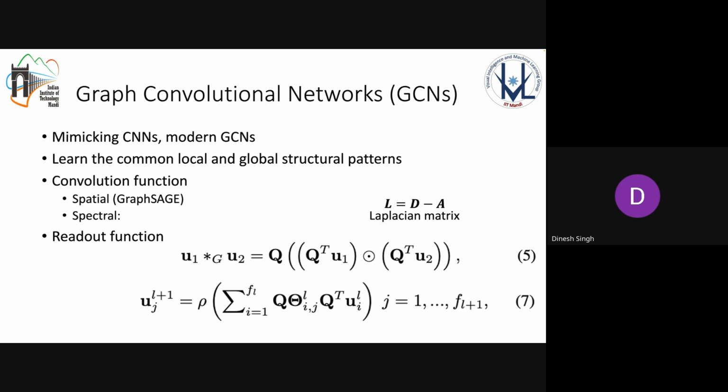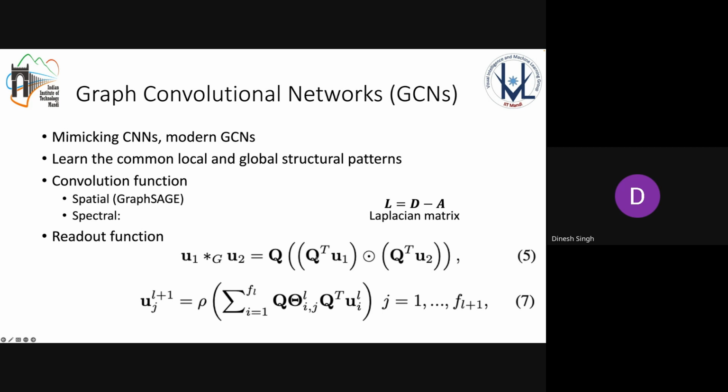Let Q be the orthogonal basis, or the eigenvectors, of matrix L. L is a symmetric matrix, so we can get our Q. Q transpose Q is going to be the identity matrix at the end. So what we will do first is project whatever feature vectors we have, U1, onto Q.